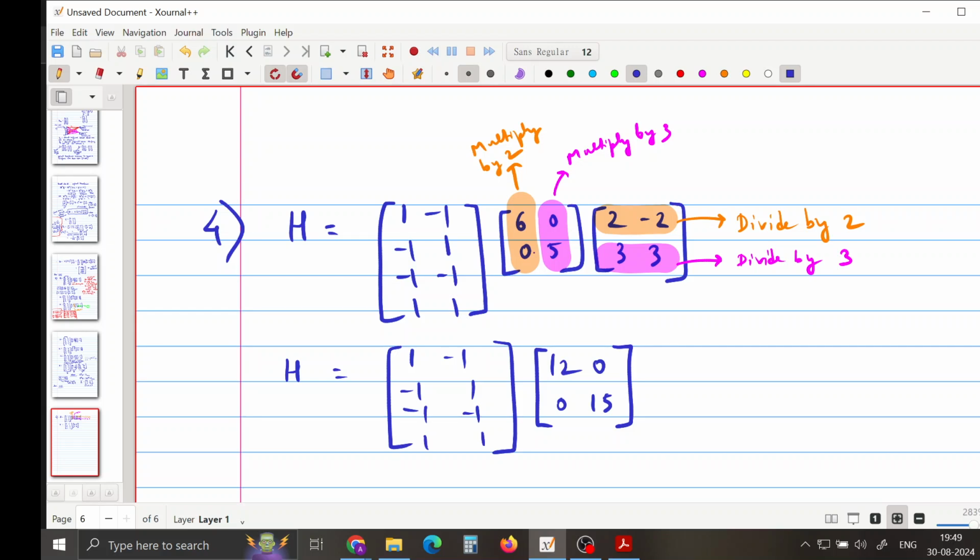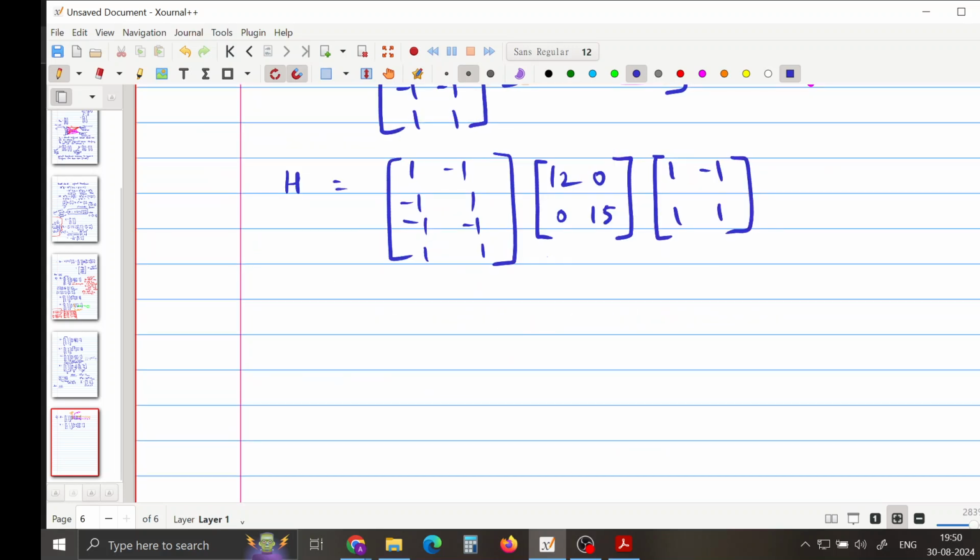The diagonal elements are not in decreasing order anymore. So this is what you get, and it is not in decreasing order. So for that we do the same thing as before, we just swap the columns.